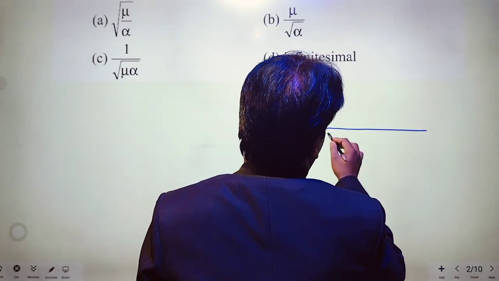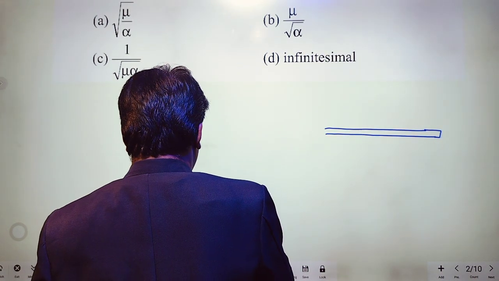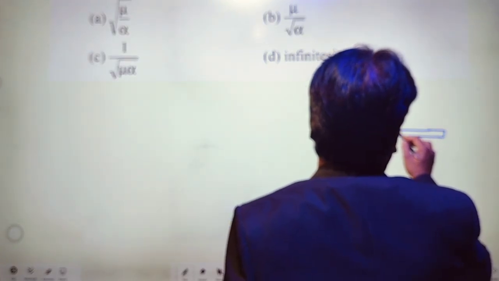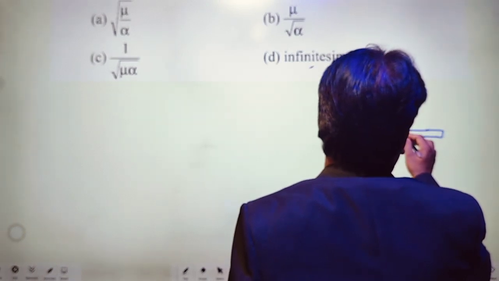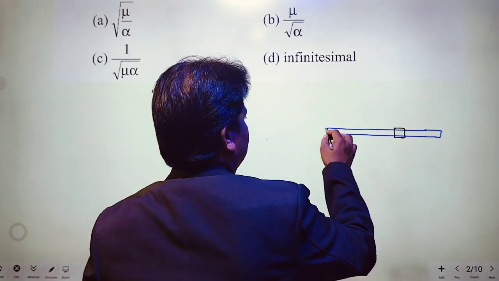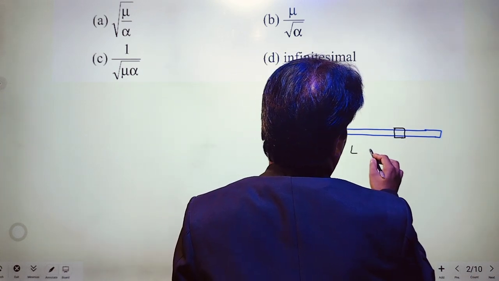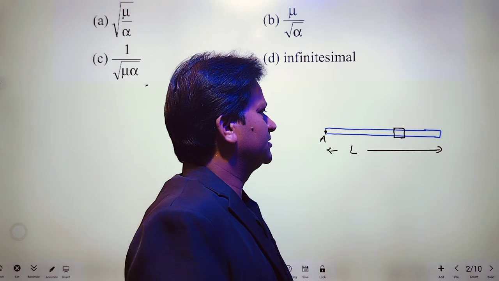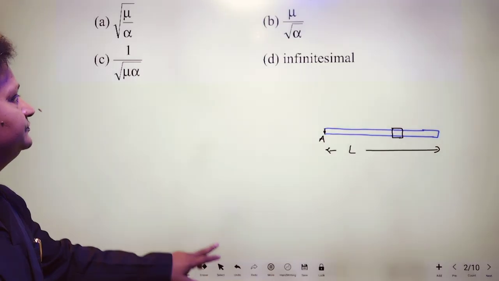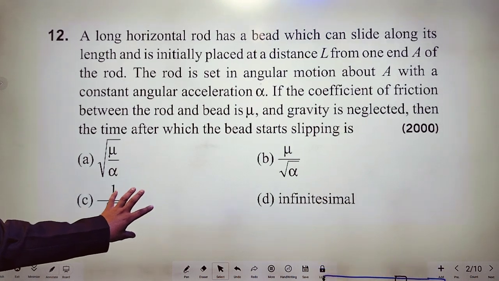This is a rod, and this is the bead. Initially, it is at a distance L from A. Means this bead is at this point.